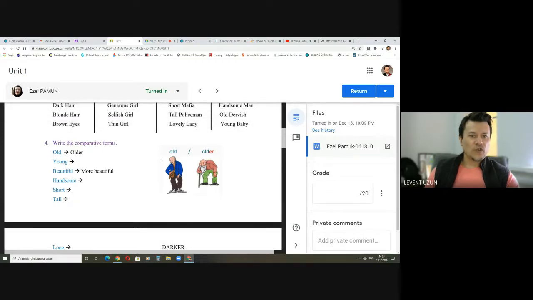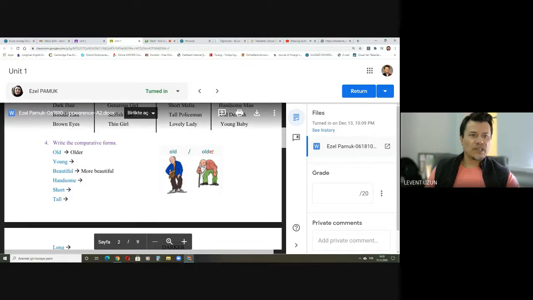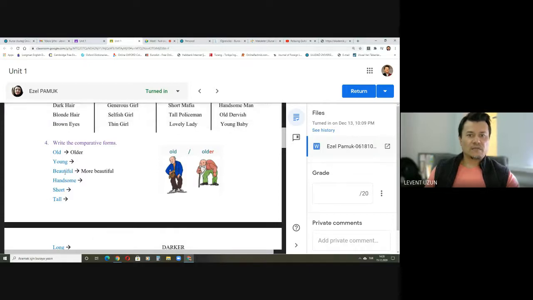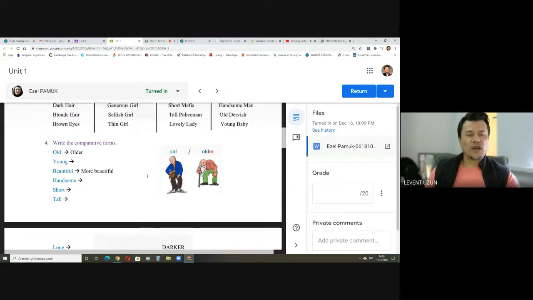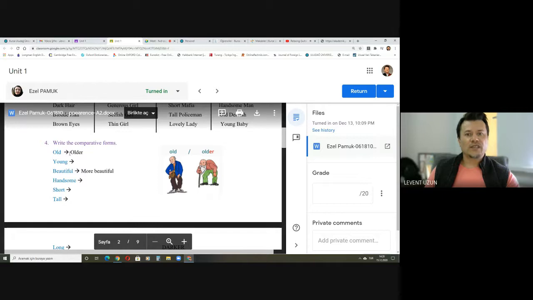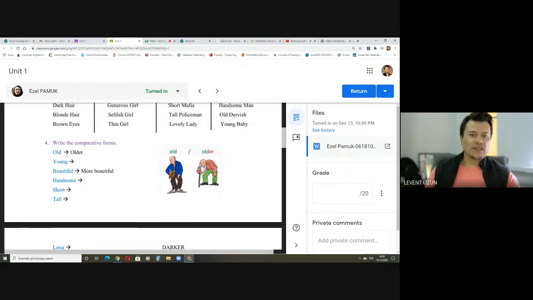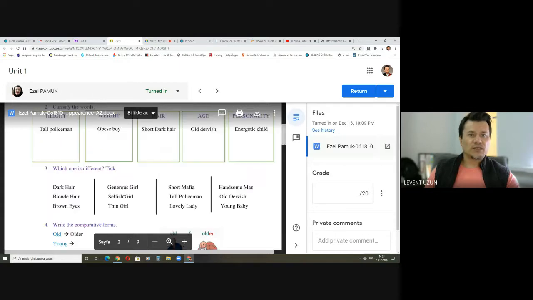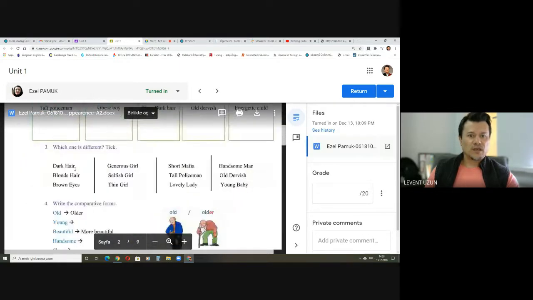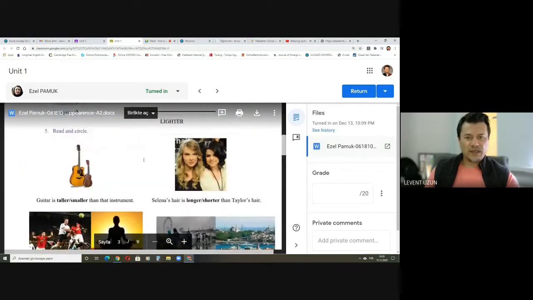So you teach this word old here with this picture. You also teach that older is daha yaşlı with ER, and beautiful, more beautiful. Okay, maybe you understand how we can both teach and practice and utilize these two, connect these two activities, make them consistent. So the first part would be connected to this part.